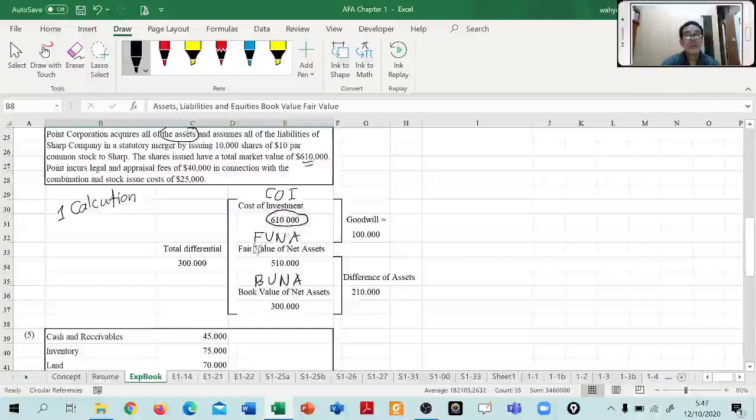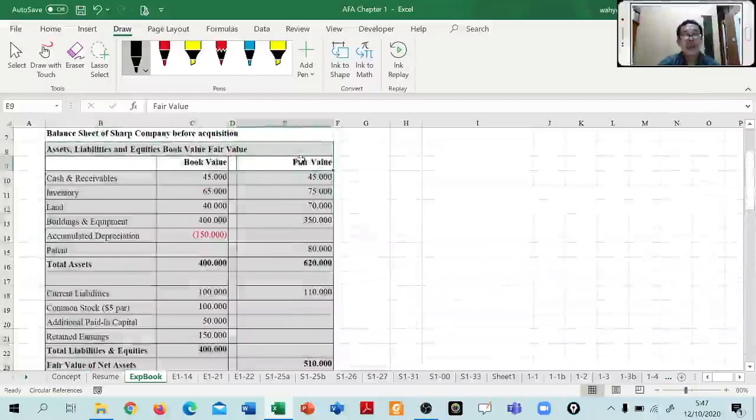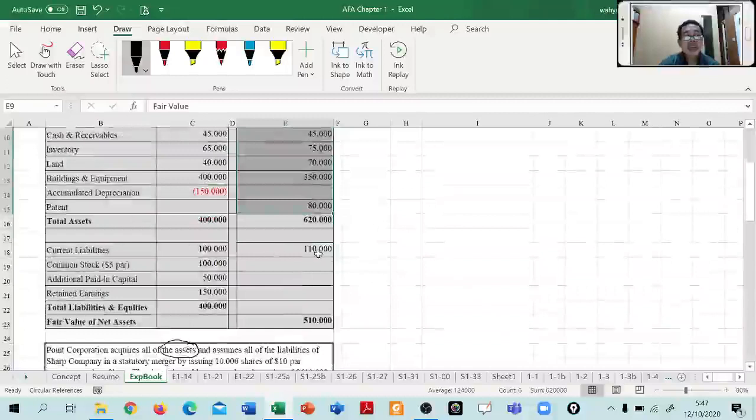And then what is the fair value of net asset? Fair value of net asset means fair value of asset minus fair value of liability. And we get 510,000, because it comes from fair value of asset, 620,000, minus current liability, 110,000.